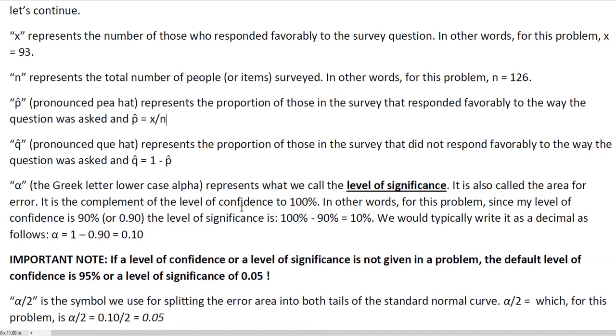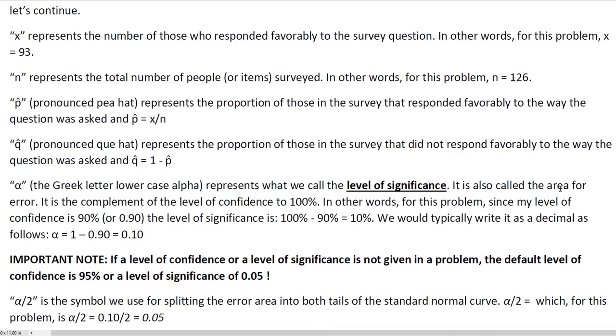And that represents what we call the level of significance, or the area of error. Alpha is always the complement of the level of confidence to 100%.